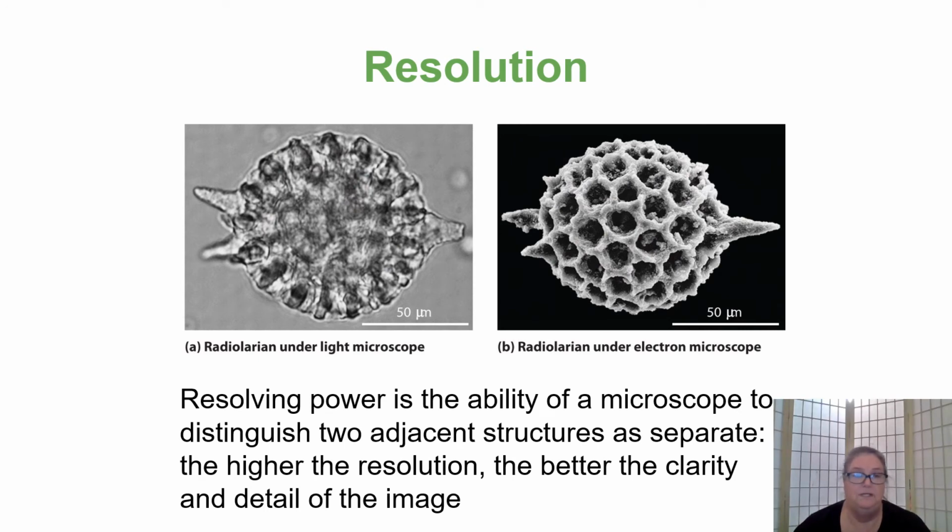So here we see this organism under a light microscope and under a scanning electron microscope. Here we can see the resolution of this surface shape much better with the scanning electron microscope. An advantage of the light microscope is you can observe things while they're still alive. In transmission, you cannot.